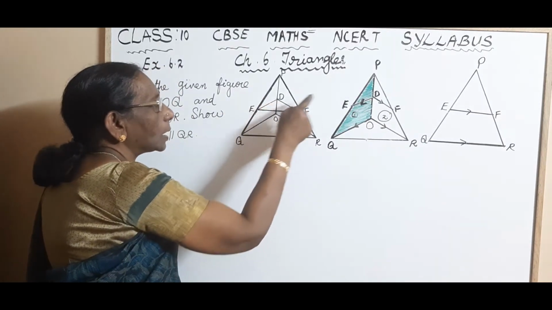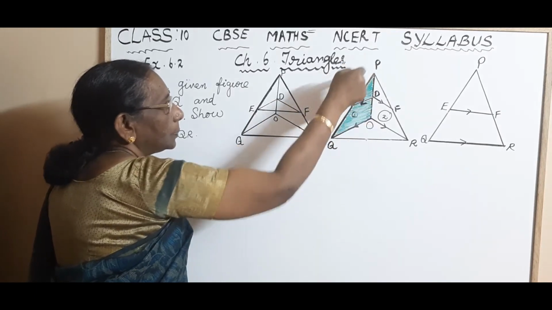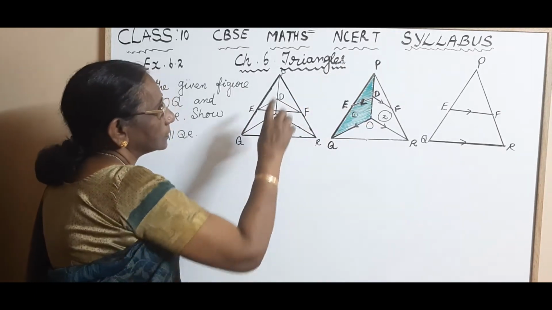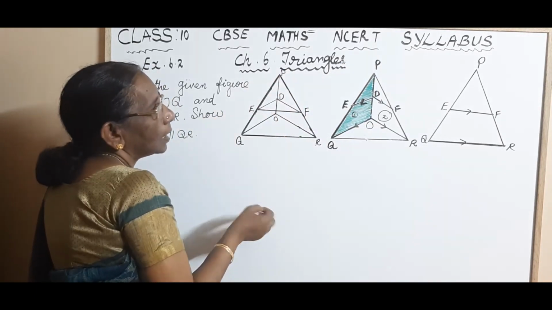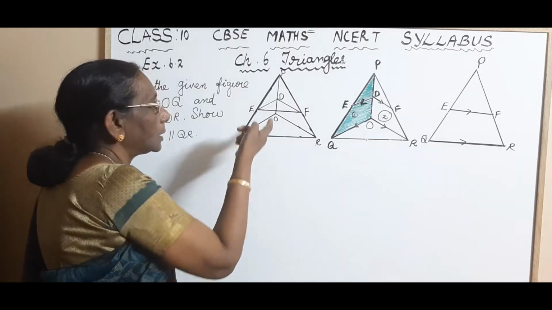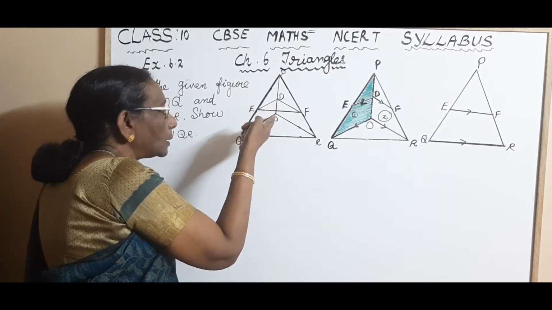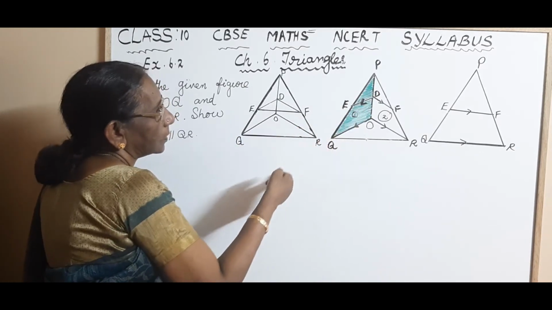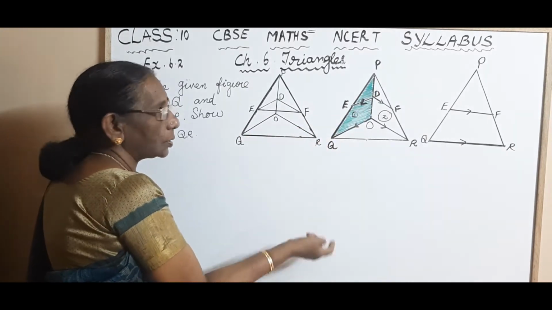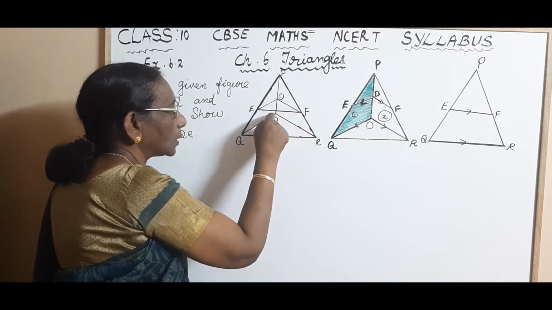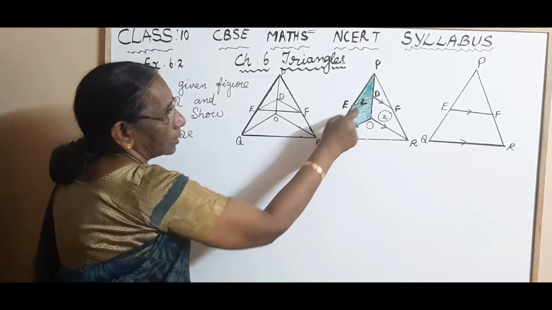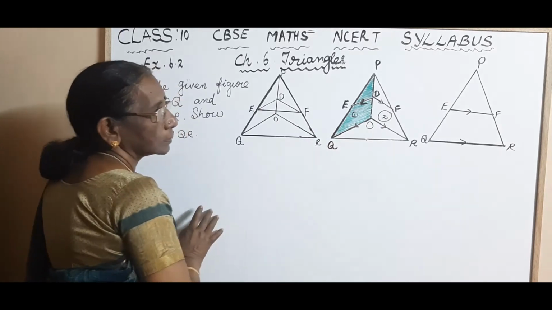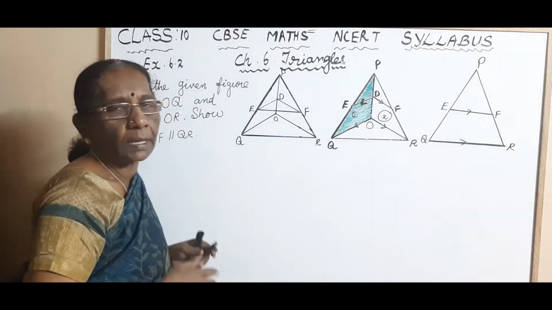And next what is given? D is a point on OP. DE is drawn parallel to OQ. Then the second information is DF is drawn parallel to OR. These are the given informations.